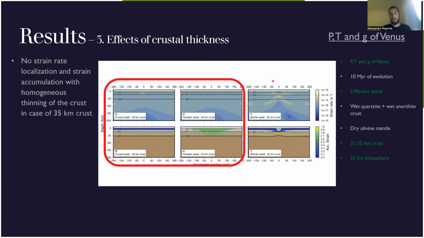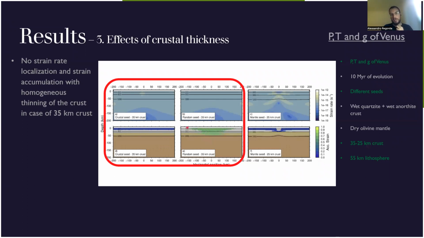So there are no differences if we consider the models with 35 kilometers of crust. There is no strain localization, there is no accumulation of strain, there is only a minimum accumulation of strain here, but it's very low, about 0.1, and there are no structures that can be related to any kind of rifting. And the same for the random seed.